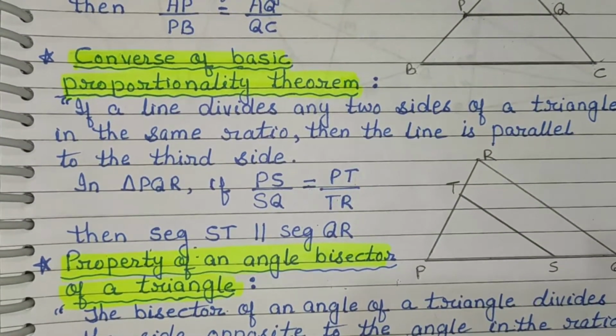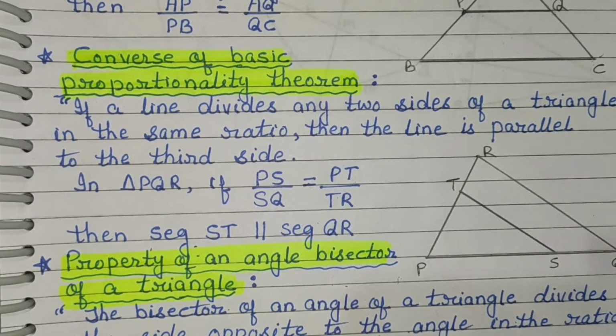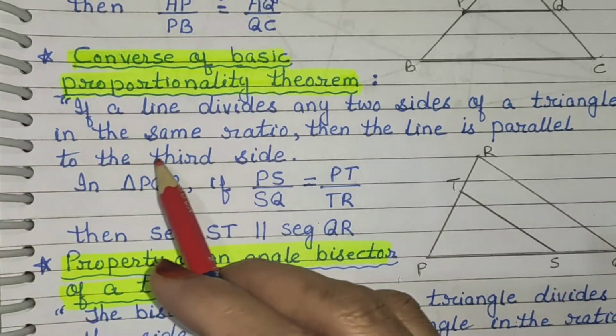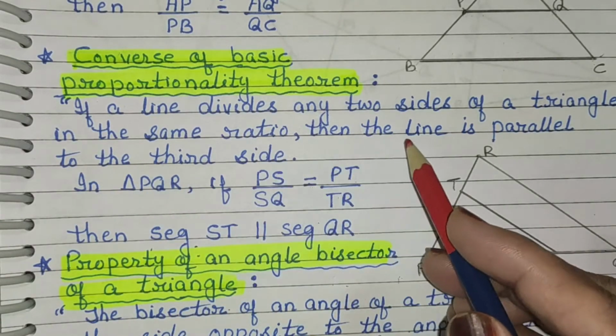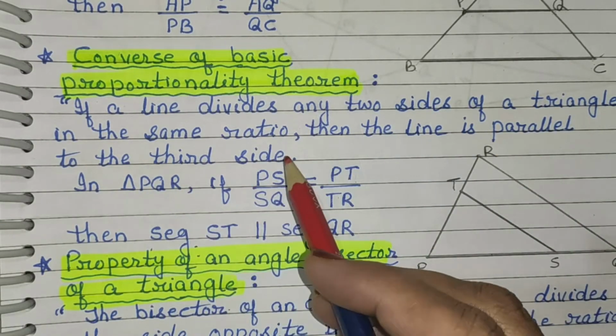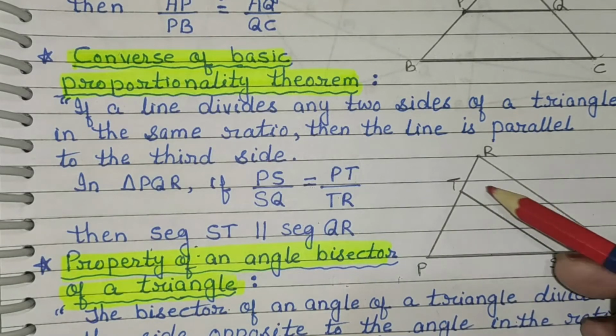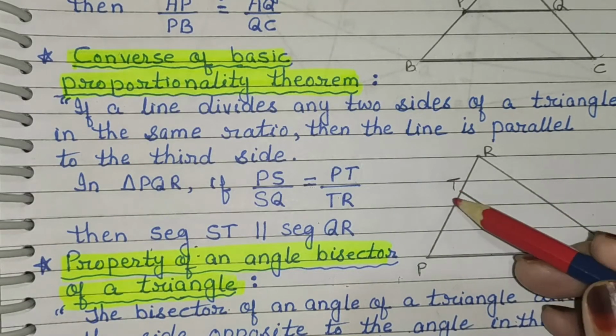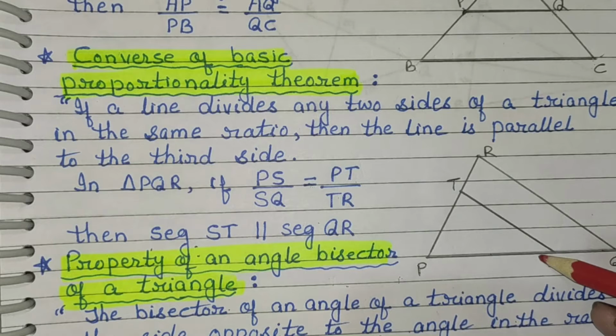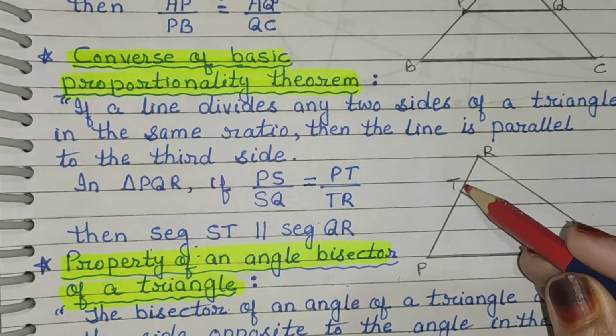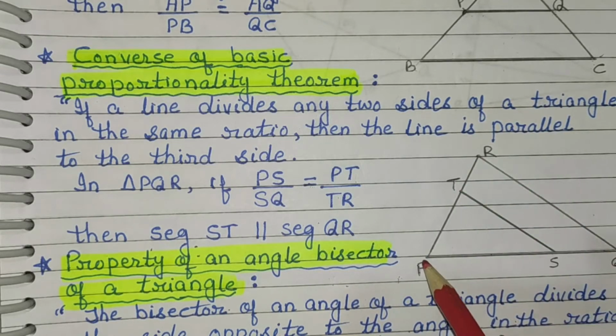Now next one is the converse of the basic proportionality theorem. If a line divides any two sides of a triangle in the same ratio, then the line is parallel to the third side. Look at here. Line TS divides two sides in the same ratio, means PT upon TR is equal to PS upon SQ.